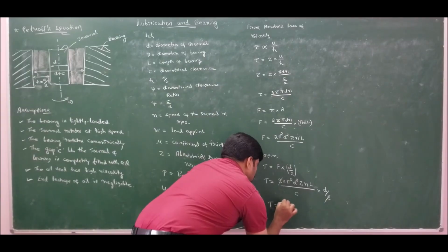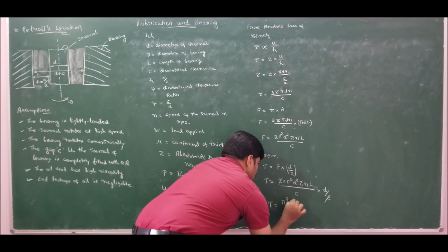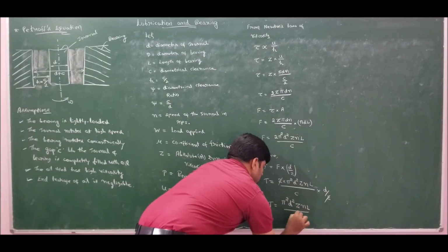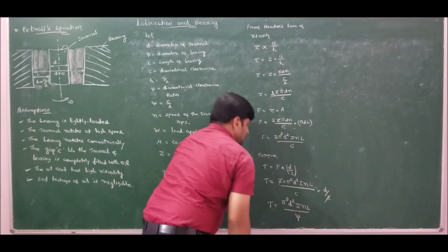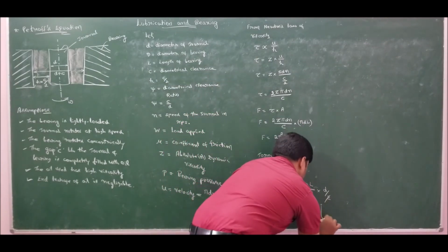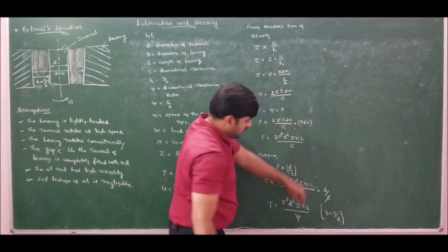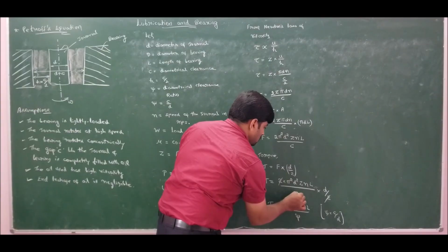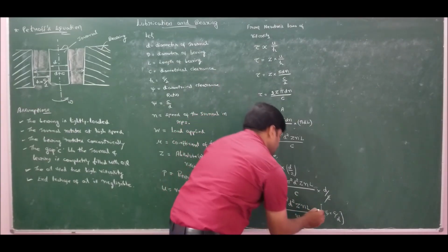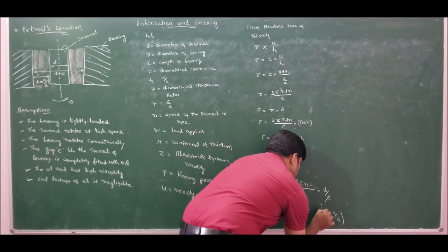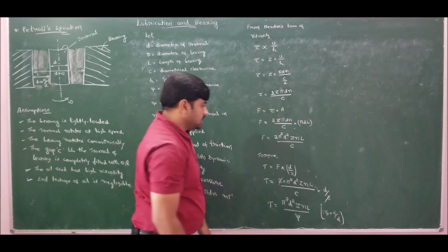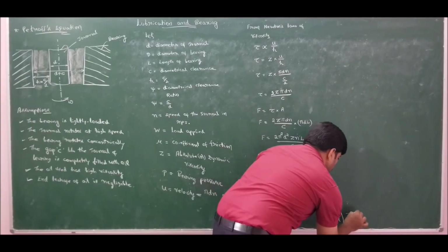So T is equal to pi square d square Z times n L by xi. Xi is the diametrical clearance ratio, that is xi is equal to C by D, because diametrical clearance ratio is diametrical clearance by diameter of the journal. So let us take this as equation number 1.